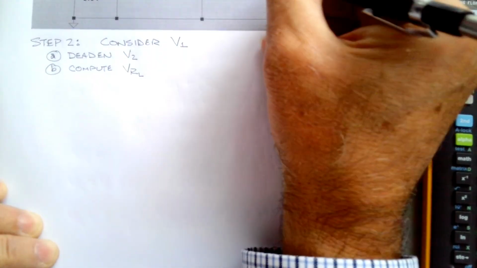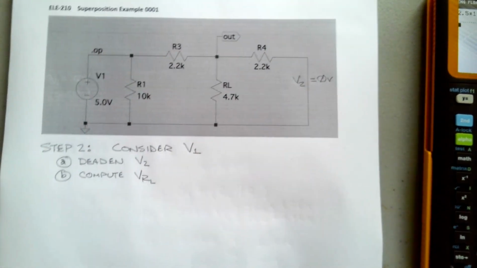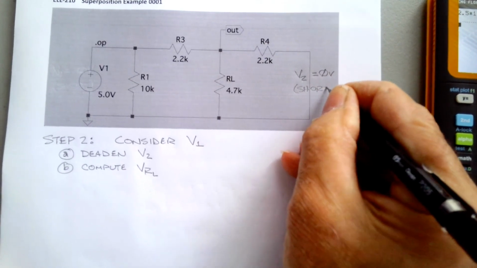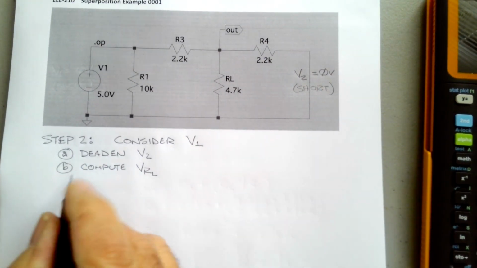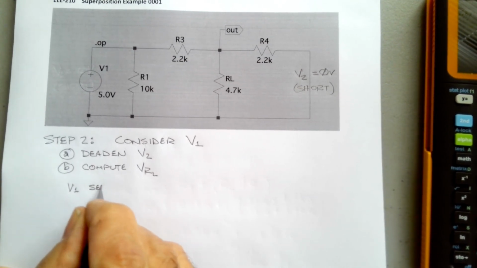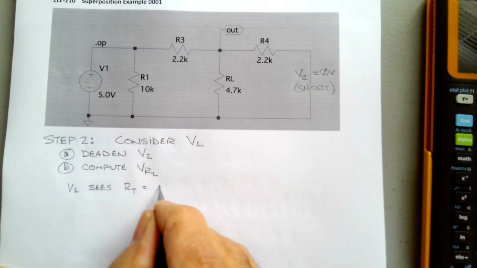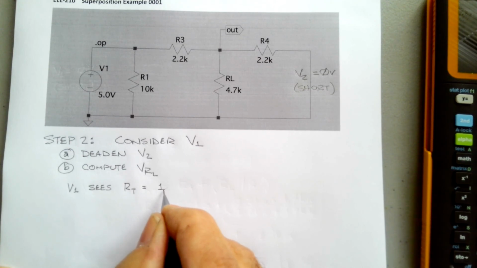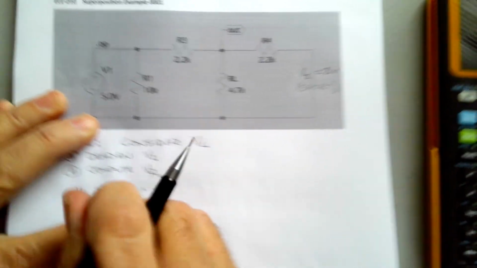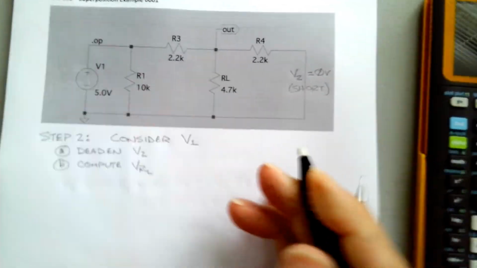So here we go. V2 equals 0 volts, and that's why it's a short. So V1 sees an R total equal to 10 k ohms.